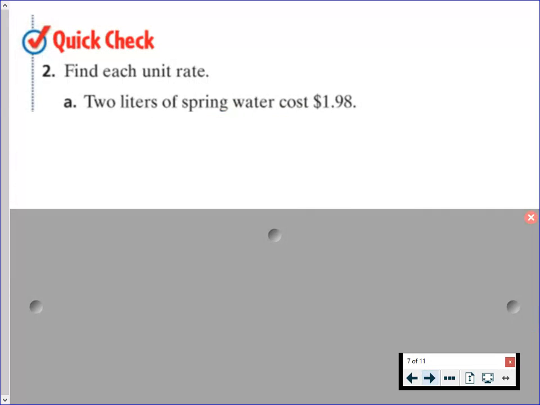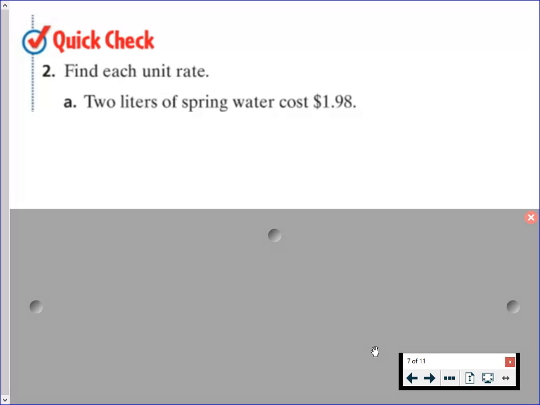So here's some other examples of unit rate per 1. Pretend it's not winter, pretend it's summer and it's really hot and you're biking over to Casey's to get some water.